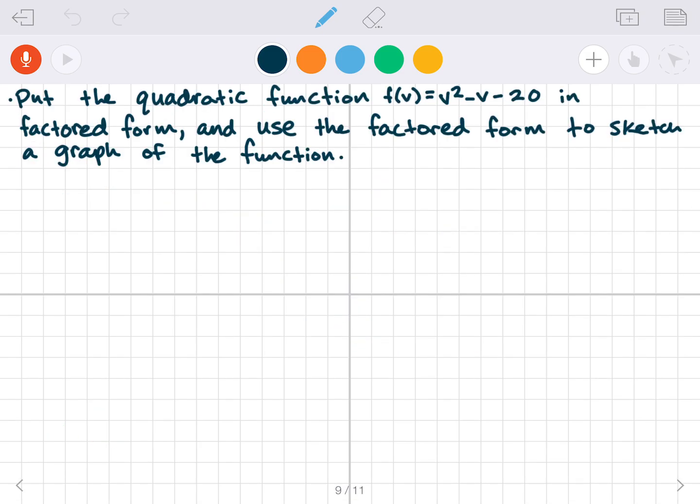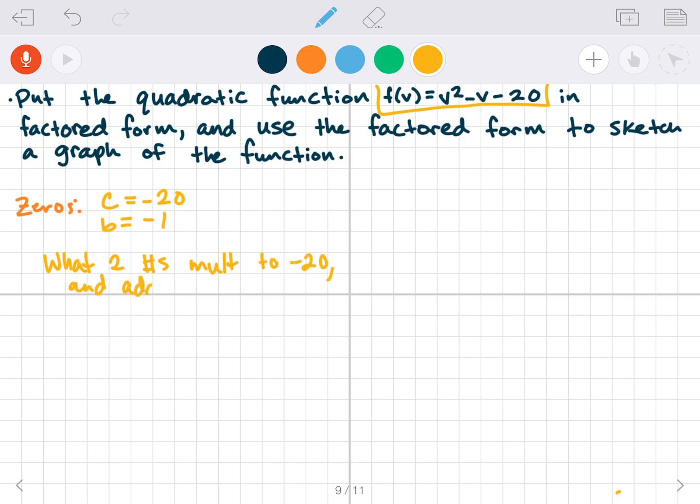All right, here are variables v, but we can do this the same kind of way. Firstly, I'm going to find my zeros, and my function is v squared minus v minus 20. So I know that c is equal to negative 20 and b is equal to negative 1. So what two numbers multiply to negative 20 and add to negative 1?